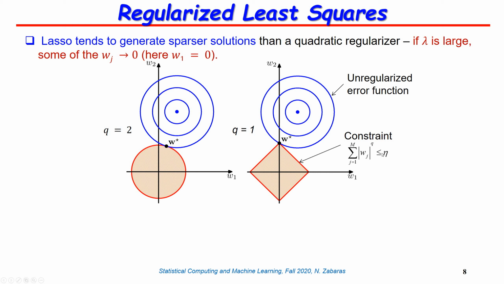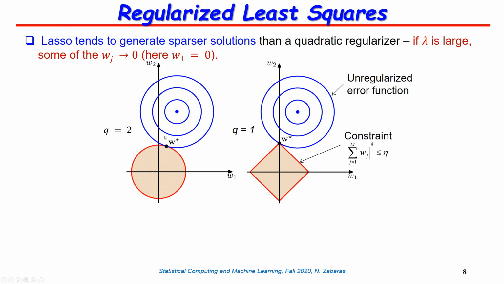I am not going to prove it during the discussion on the slide, but for a given eta, and I'm not telling you what eta is going to be, for a quadratic regularizer you are supposed to be inside the circle, and here for a given eta, you're supposed to be inside the square. So you want to minimize the error that you make on the training data set, okay?